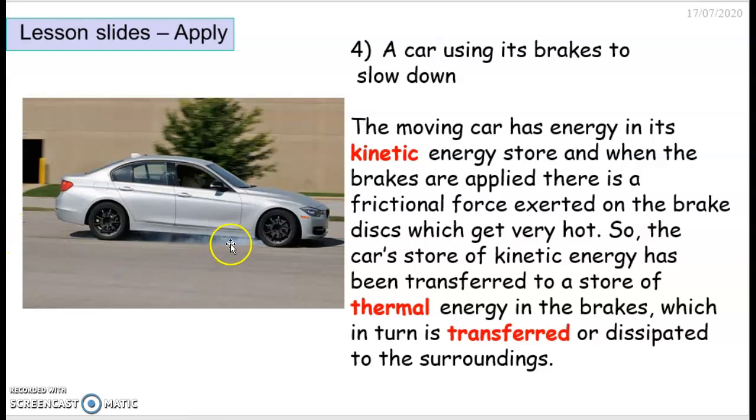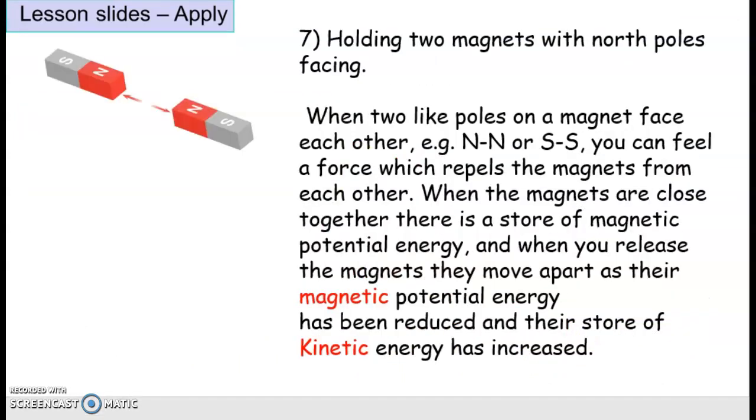Oh, they're very fond of this one in the exams, by the way, so have a look at this. Here's a new word, dissipated. So this is when kinetic energy has been transferred to a store of thermal energy which is then transferred or dissipated, means wasted really, to the surroundings. Here's our magnetic one.